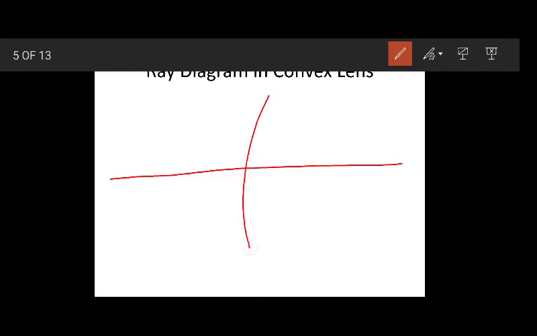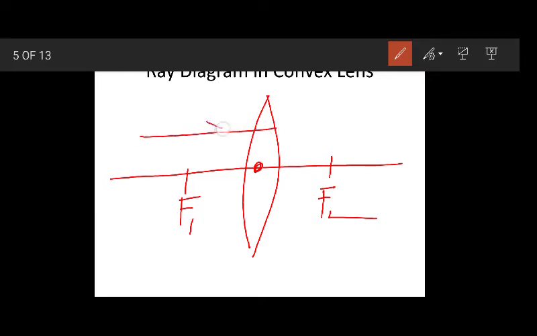This is the lens, and this is the optical center, principal focus 1, principal focus 2. The first law or first ray diagram is when light falls parallel to the principal axis. After refraction, it will pass through the principal focus.